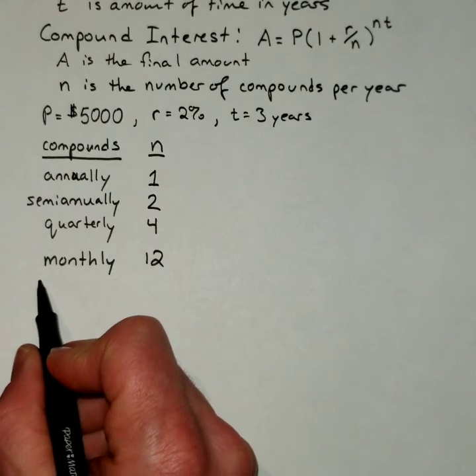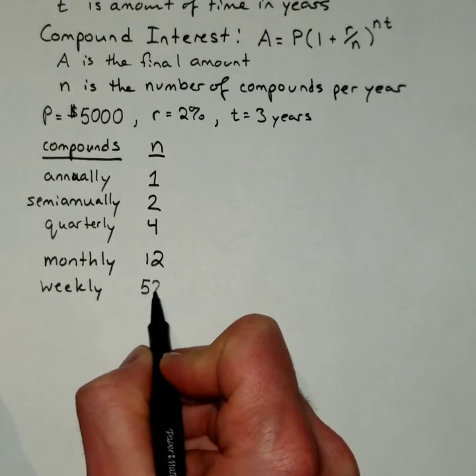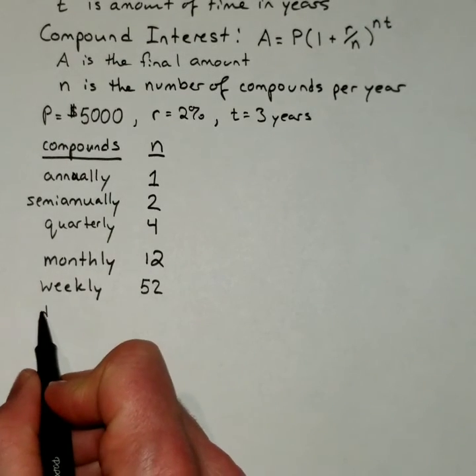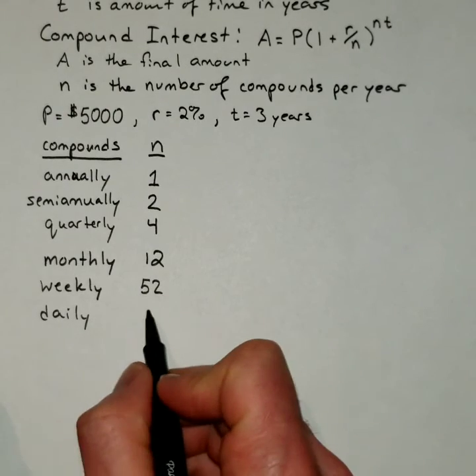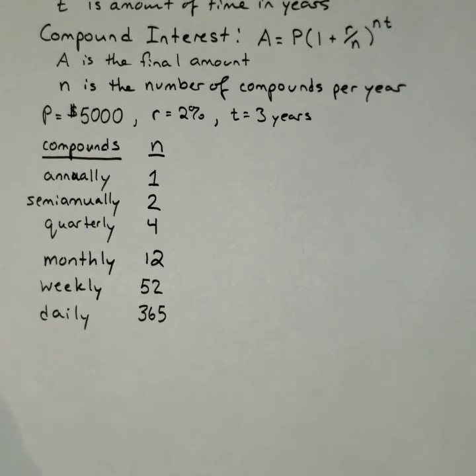Weekly, if you were compounding weekly, well, there's 52 weeks in a year, so that would be 52. Daily, well, generally there's 365 days in a year, unless it's a leap year. But generally banks will use 360 here, just because 360 is a really nice number to calculate things with.